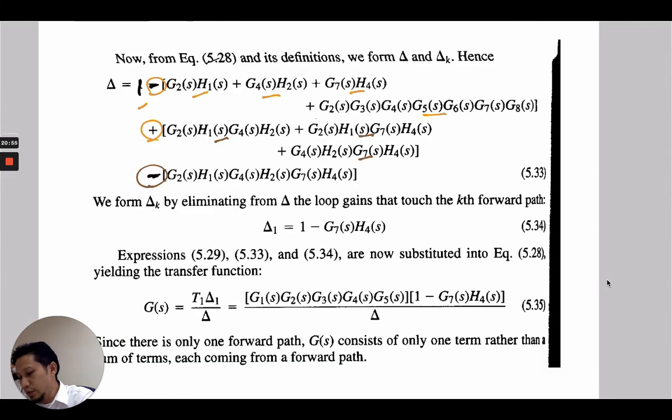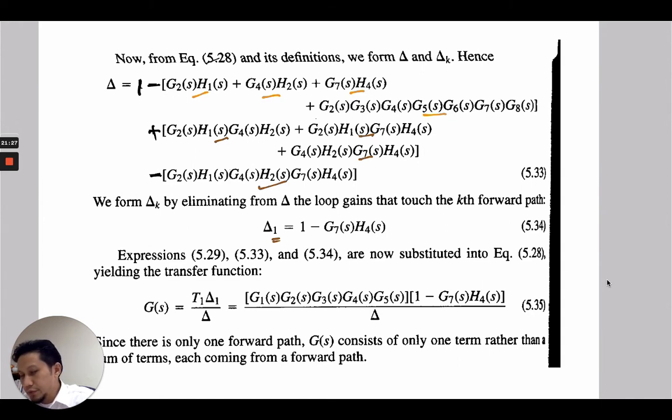So we put it into the formula. You must see the sign over here: minus, plus, minus. So it alternates. And then we have delta 1. Since we only have 1 path, we only have delta 1.